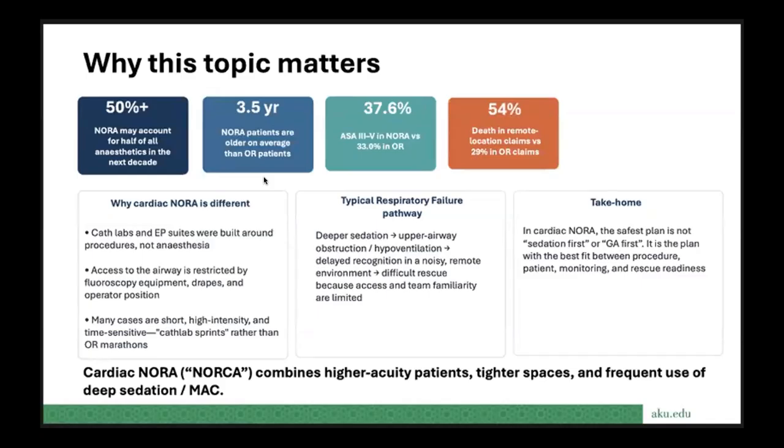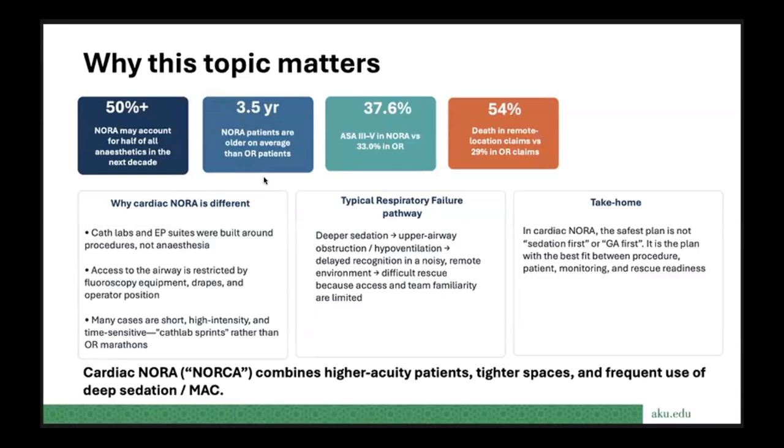So what is the pathway of respiratory failure in these outside-OR locations? The deeper the sedation, the more upper respiratory obstruction and hypoventilation occur, and they are difficult to rescue, because access and team familiarity are very limited in that area. So the message is that in cardiac NORA, the safest plan is not sedation first or GA first.